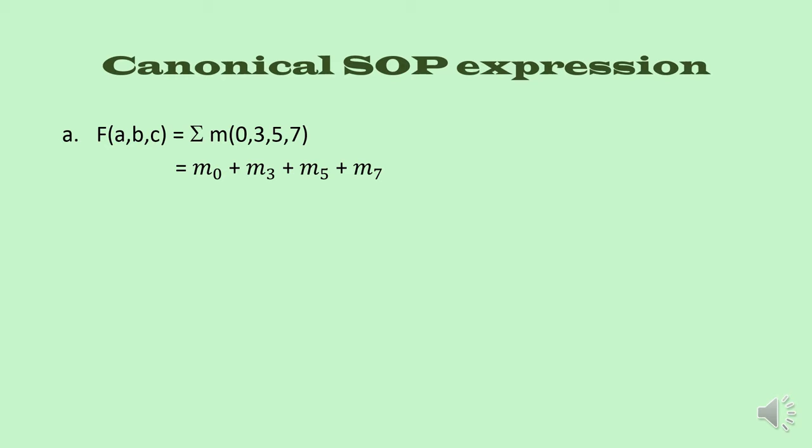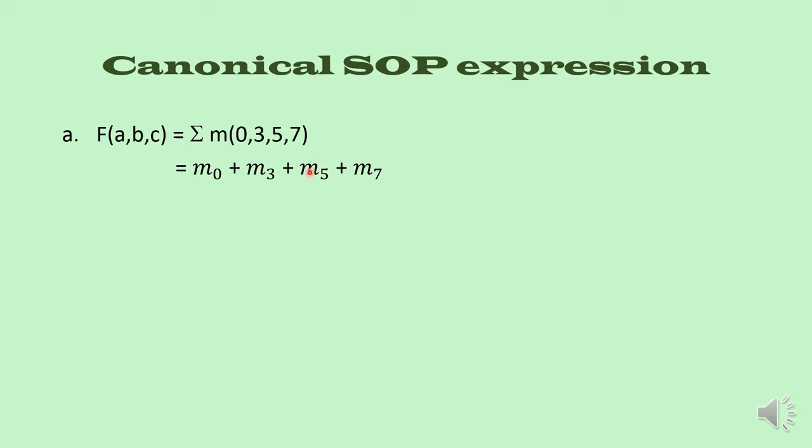So the function is m0 plus m3 plus m5 plus m7. Next, in SOP expression, 0 is represented by a complemented variable and 1 is represented by a single variable.